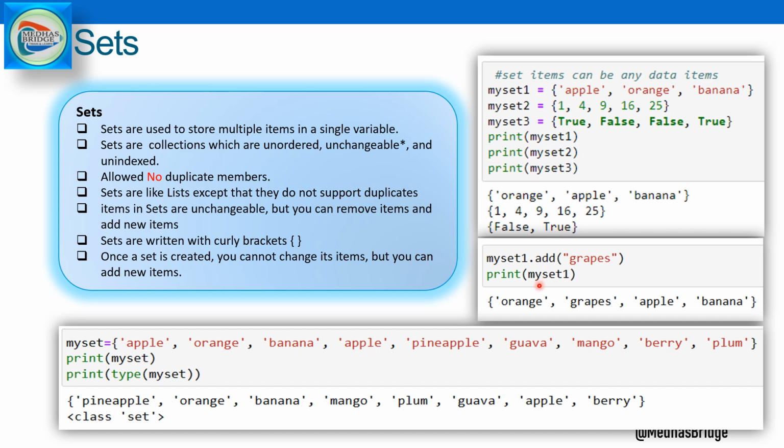We can add items to sets using the add method. Here is an example. The next example demonstrates that sets are unordered and do not allow duplicates.